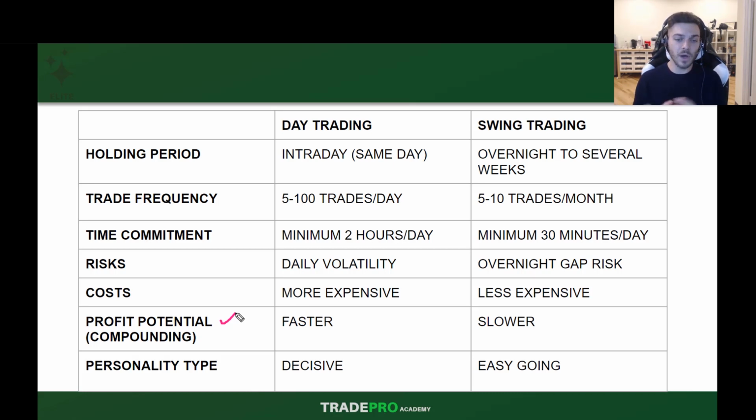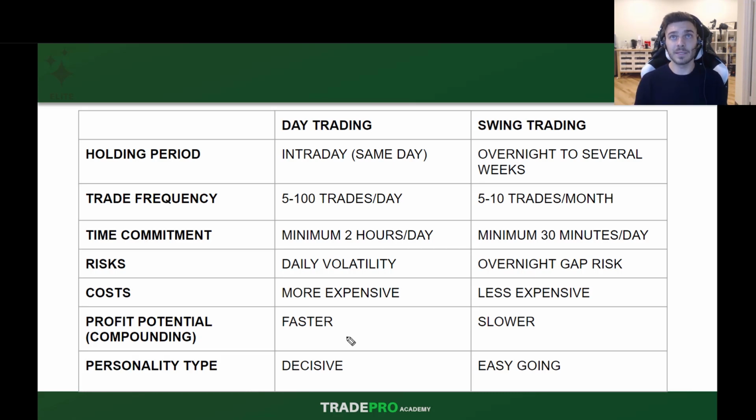But as far as compounding positions and the probability of doing so, that happens to favor day trading. The reason is that you're going to be making more trades on a monthly basis as a day trader than you will as a swing trader. By taking more trades, your edge has a better chance of playing out within the month than for a swing trader who's taking fewer trades.